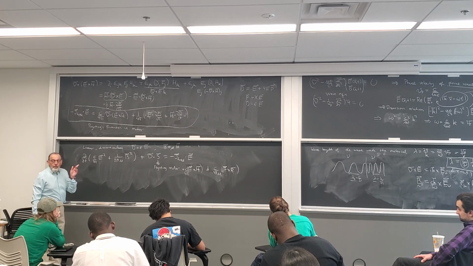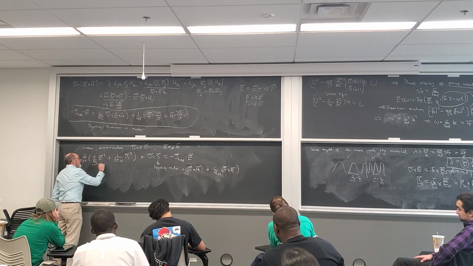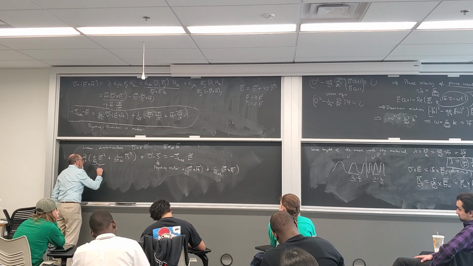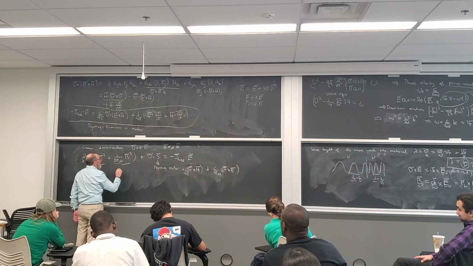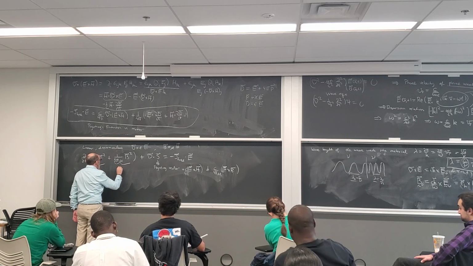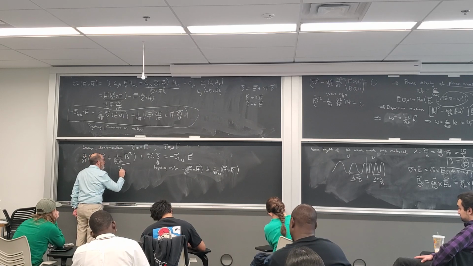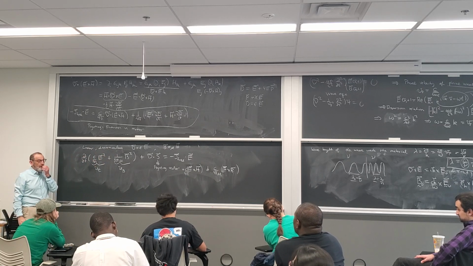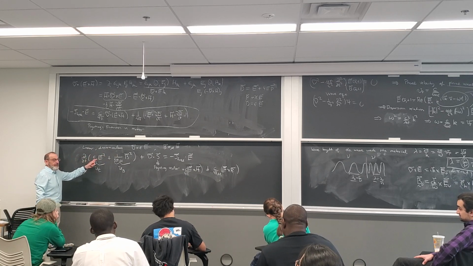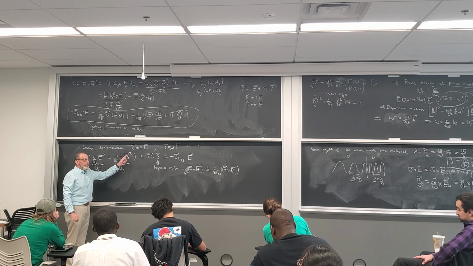So what we see here is in a dielectric, the energy density in the fields is modified by mu and epsilon in this way, okay? You have epsilon E squared and 1 over mu B squared.